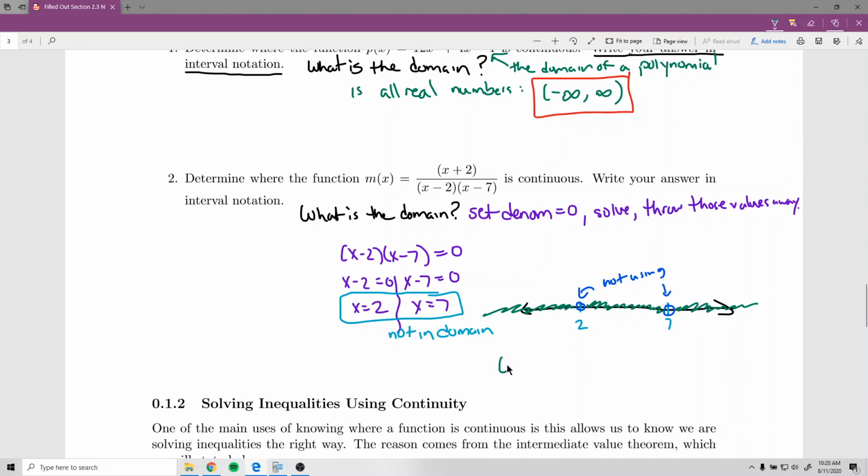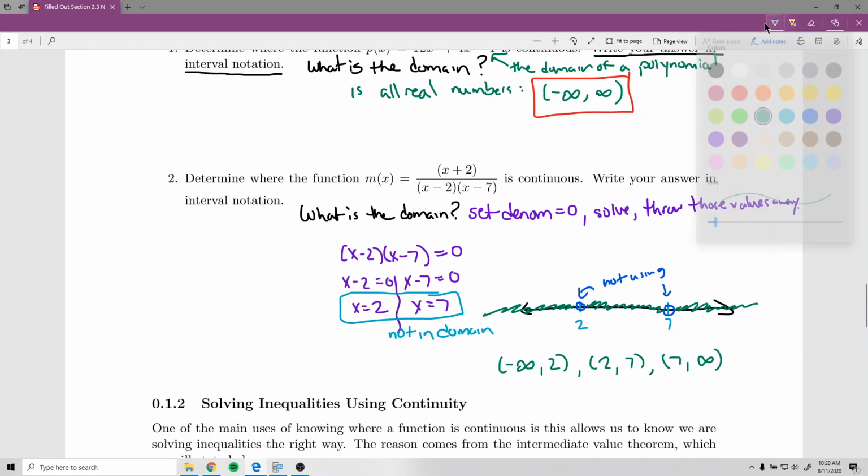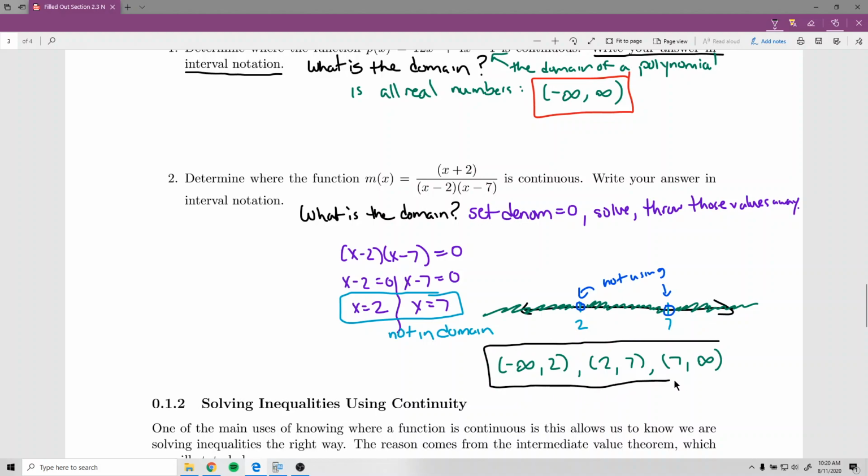The one on the left would be negative infinity up to 2. The one in the middle would be 2 to 7. And the one on the right would be 7 to infinity. And that's where this function is continuous. Now there are other functions that you learned about in college algebra.